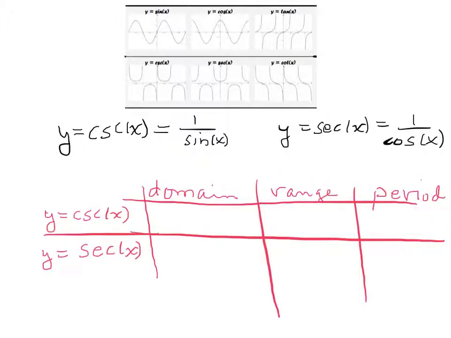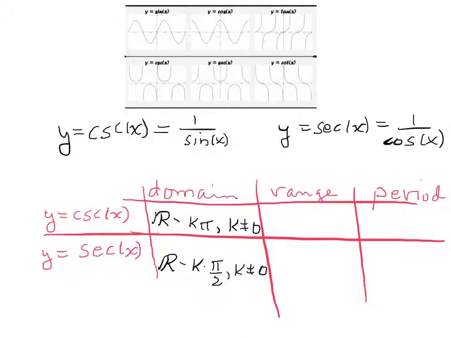So remember, the domain of cosecant is all the values for which sine is not 0. So all reals except k pi, k not equal to 0. For secant, you have to take away all the values for which cosine is 0. So it's all reals except multiples of pi over 2. K can't be 0.